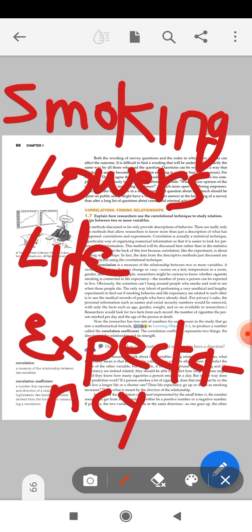How many cigarettes were they using in one day? It was less, it was more. Based on these categorizations, whether someone smokes or does not smoke, whether he smokes less or more, you will check their life expectancy.